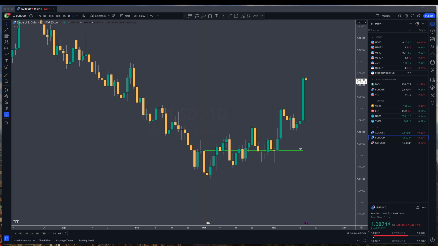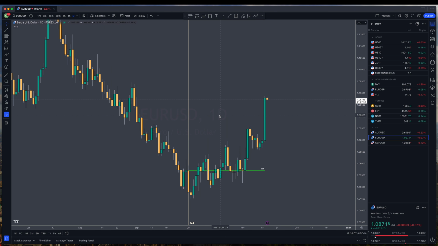Now, I know ICT has talked about the silver bullet and it being in that window, so you could use both. But I've been using this, I would say, long before he came out with the silver bullet method. So let's get into it.